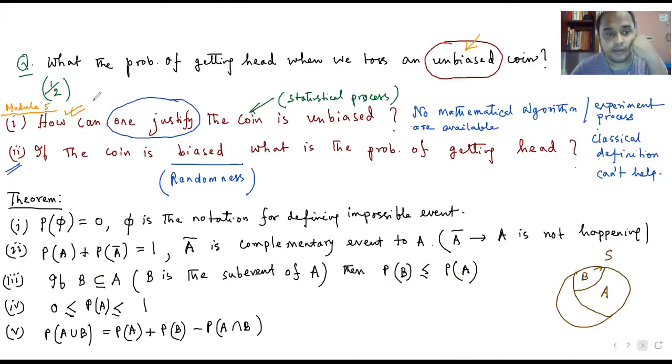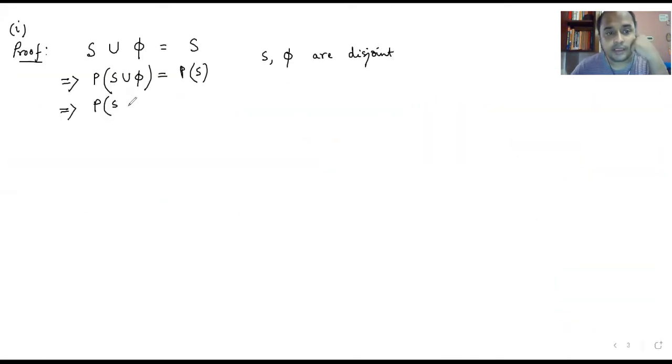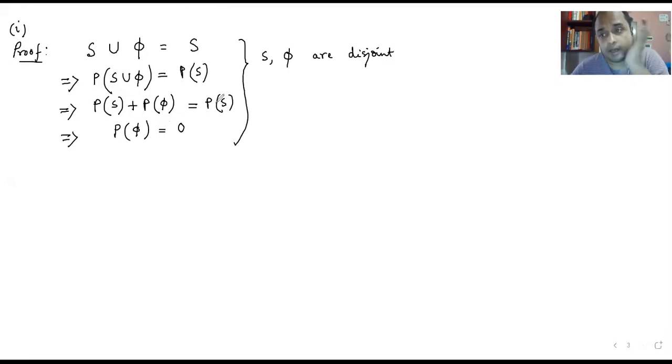So we can write it as probability of S plus probability of phi is equal to probability of S. And you know that probability of S is a number which is equal to 1. We can cancel both probabilities on the left hand side and on the right hand side, and we get probability of phi equal to 0. A very simple approach has been followed over here, and which can prove that probability of any impossible event is 0. Okay.